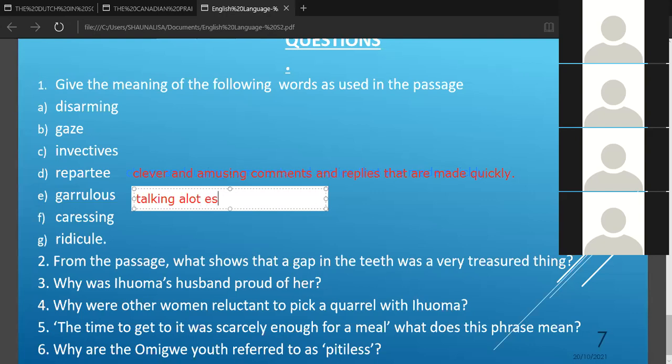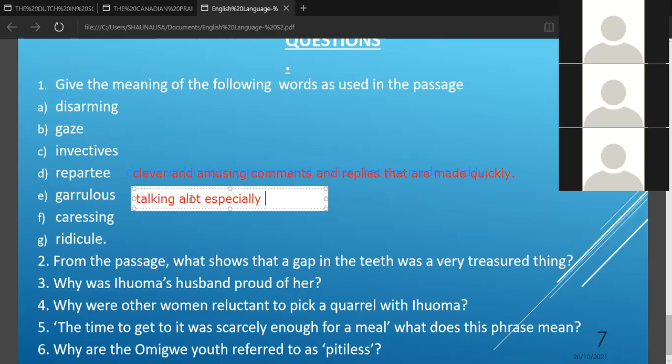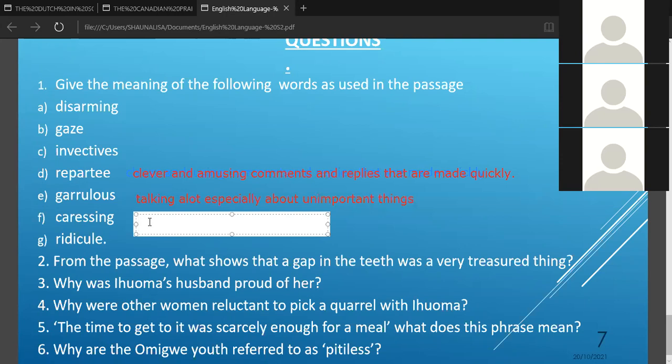Talking too much. Caressing. According to the dictionary, caressing is stroking gently or lovingly.